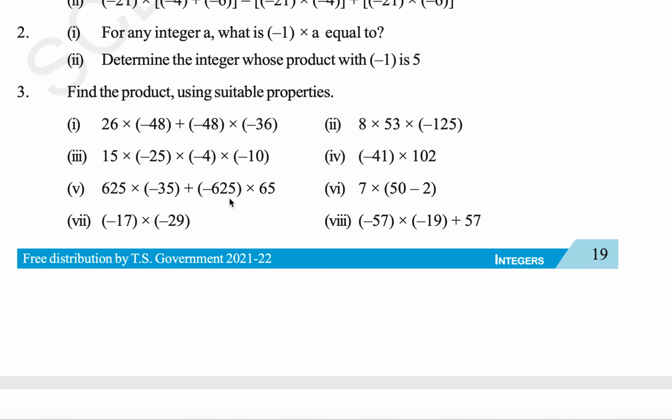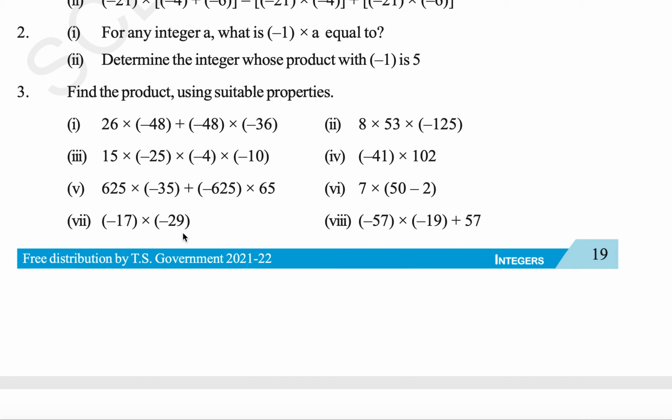Sorry, both are added up because this is also minus, this is also minus 100. So minus 62,500. And this is 350 minus 14, that means 336.